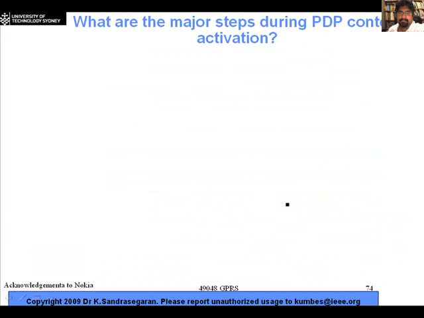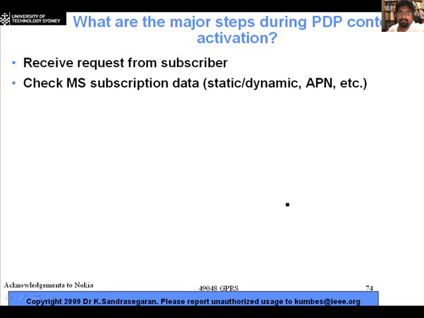Okay, now we'll just take one example and go through a little bit more detail in it. What happens when you do a PDP context activation? Okay, so the SGSN is the one that will process this. So the SGSN will receive a PDP context activation from a subscriber. The first thing it will do is check its database.